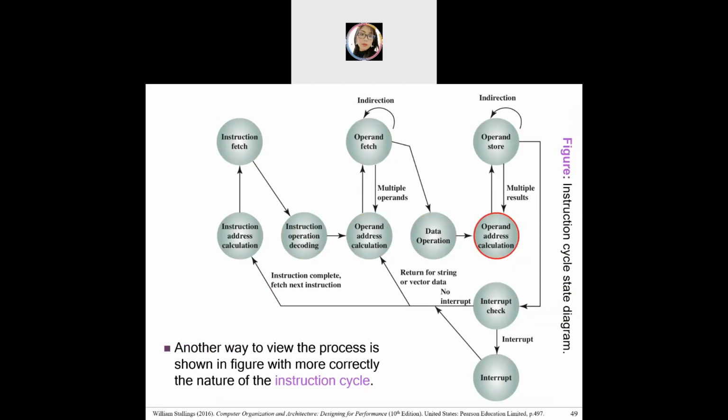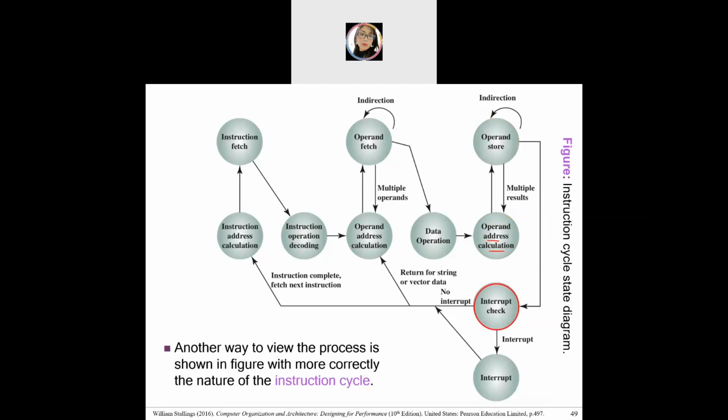You proceed with the address calculation. If your instruction mentions the address, you might add +1, +2, so you try to calculate it. And actually, you also have the storage for the answer.